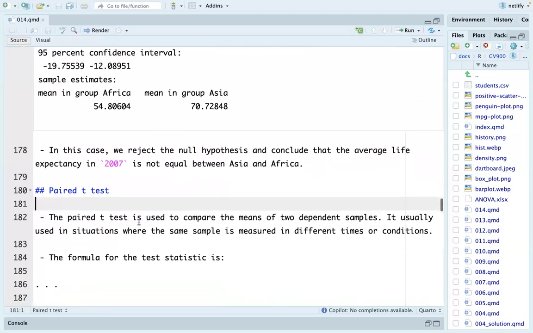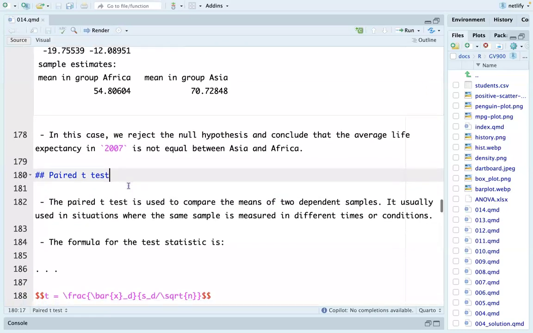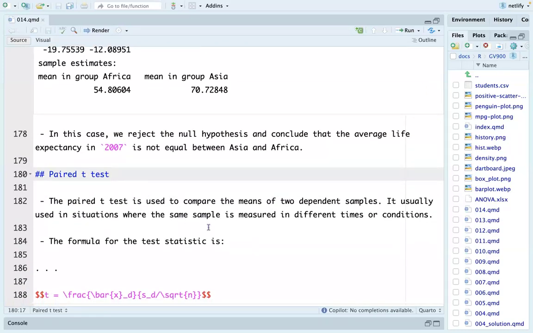Okay, lastly, let's take a look at the paired t-test. The paired t-test is used to compare the means of two dependent samples. It is usually used in situations where the same sample is measured at different times or under different conditions.